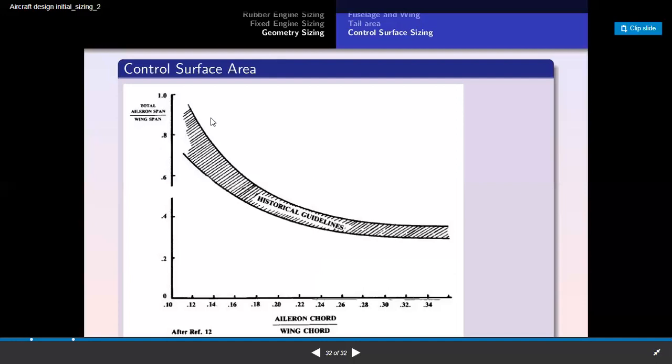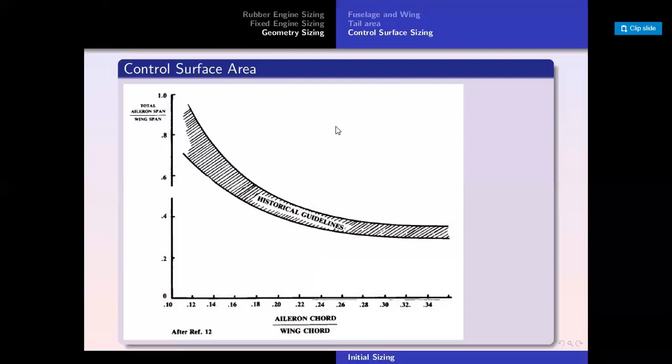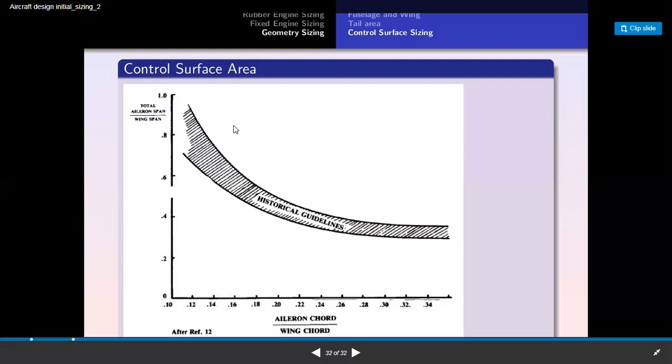So how much the surface area should be for a vertical tail, a horizontal tail, an aileron on the wing, a rudder, or an elevator. These all come under the control surface area. It is called control surface sizing.